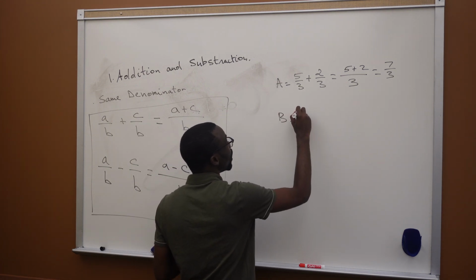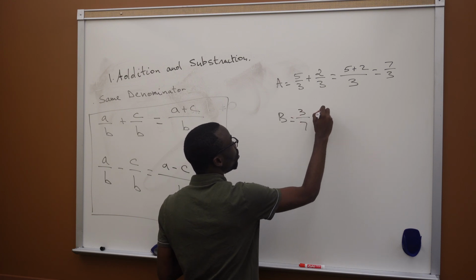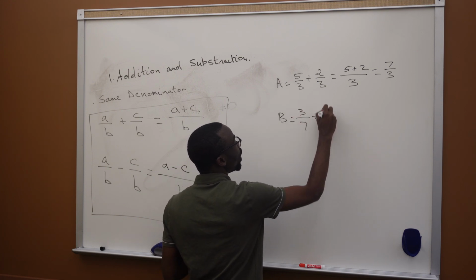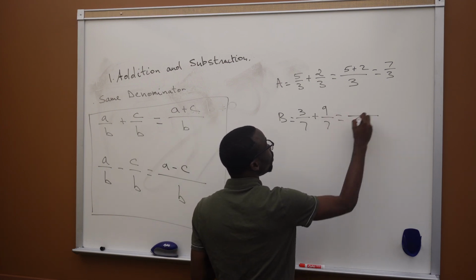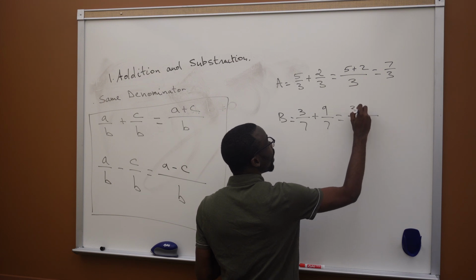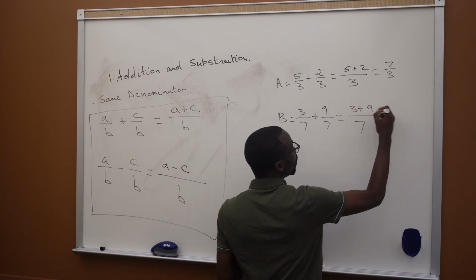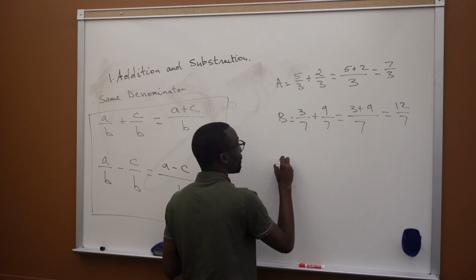Another one, let's say I have 3 over 7 plus 9 over 7. One more time, I keep the denominator as it is, and I add the numerators, which is 12 over 7.